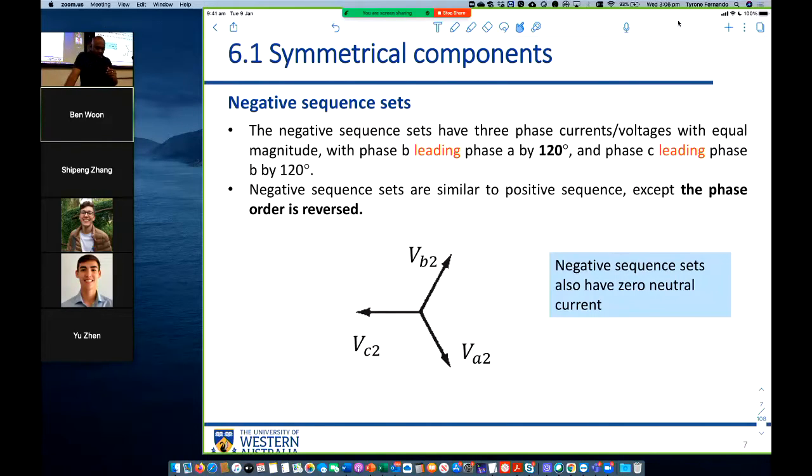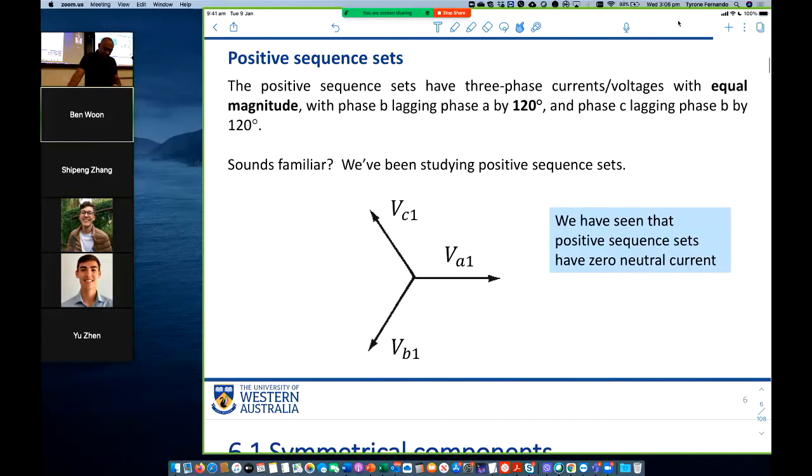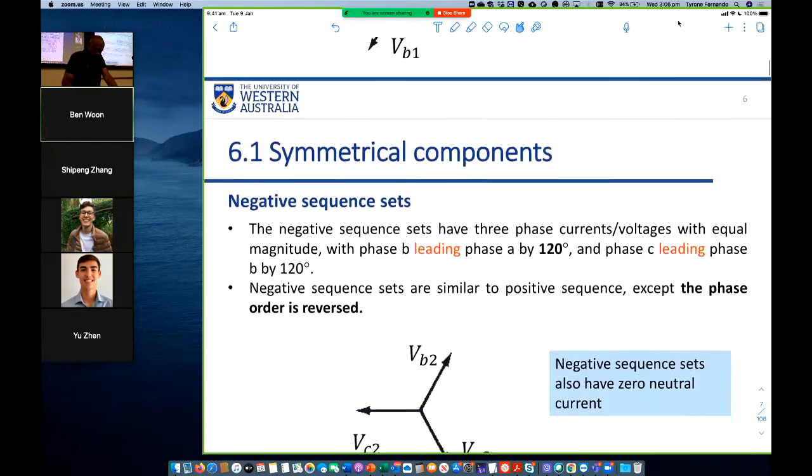So a negative sequence set is drawn here. If ABC is a negative sequence set, then this diagram shows the voltages A, B, and C, and we call them VA2, VB2, and VC2. And the positive sequence set voltages we denote VA1, VB1, and VC1.